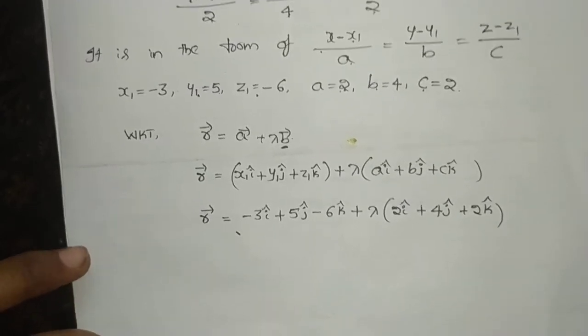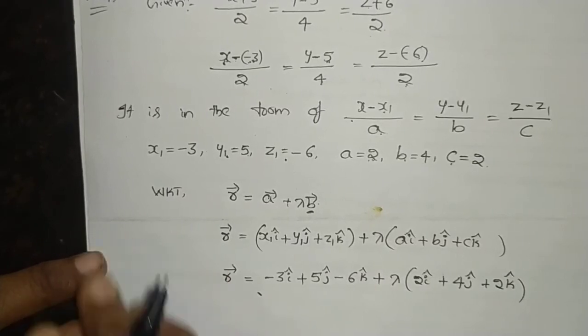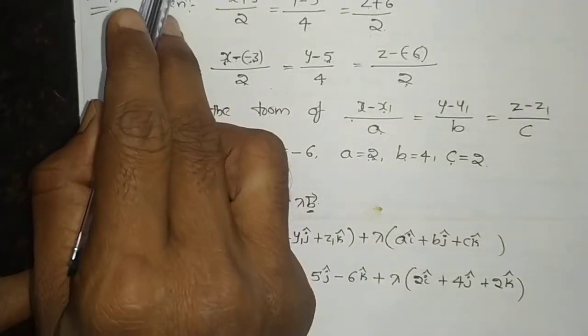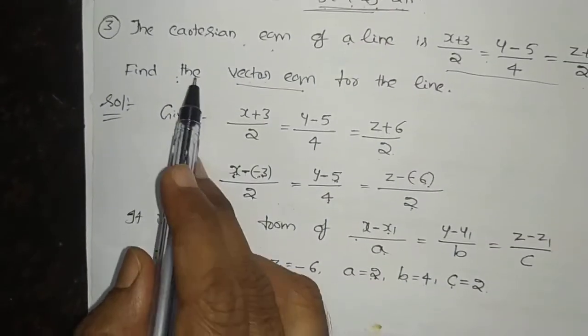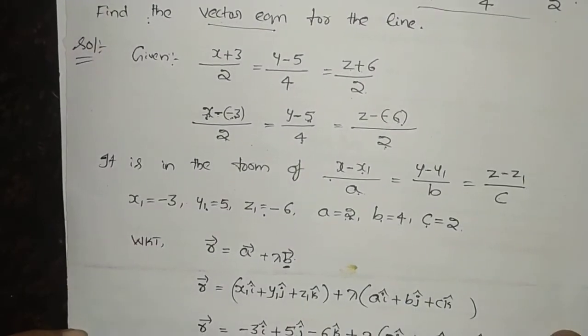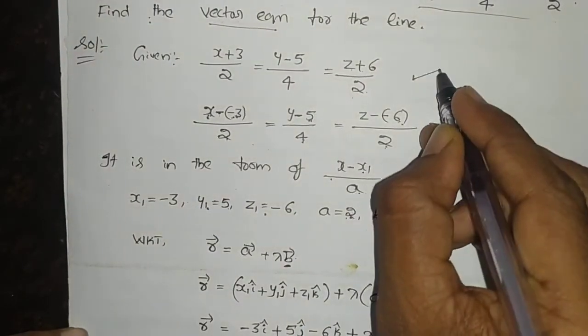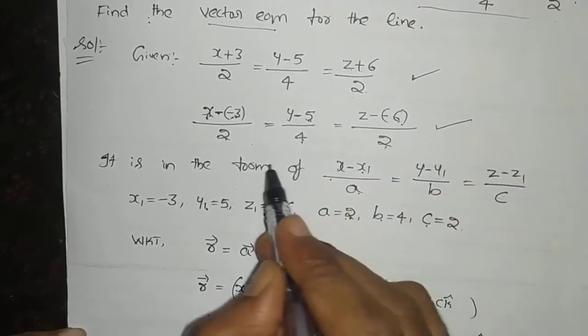It is the procedure to find the vector equation if the equation is given in Cartesian form. Understand? Once again, I wrote the given line and rearranged the equation like this.